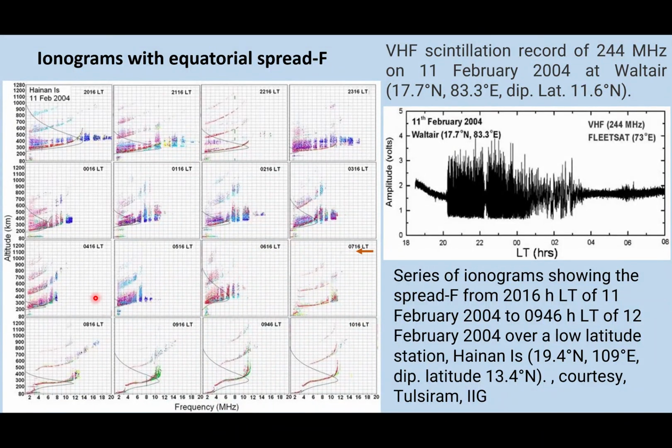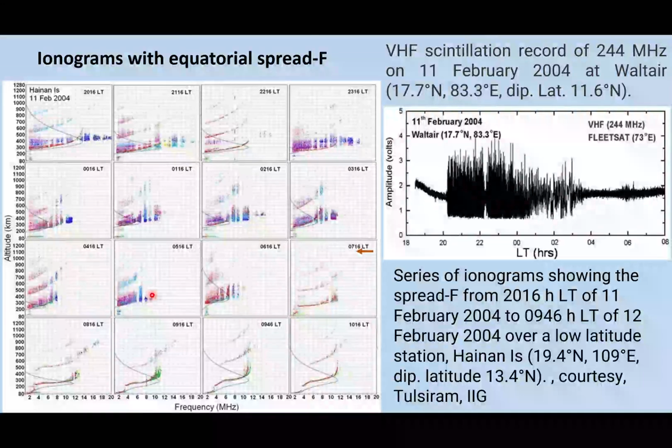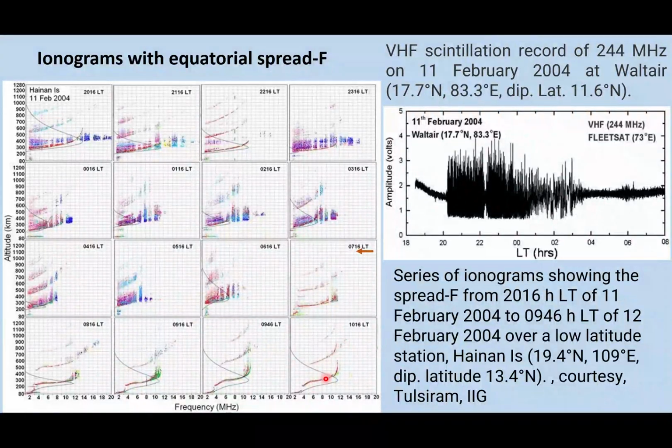It is called spread F because the F region trace is not a very sharp trace as it should be for a normal ionogram like this. But you see there are other signals coming from the ionosphere, as indicated by this patchy occurrence here. It is here, it is here like that.